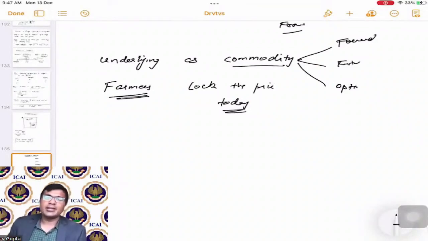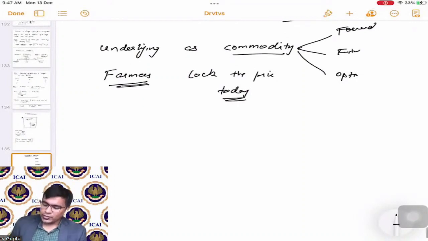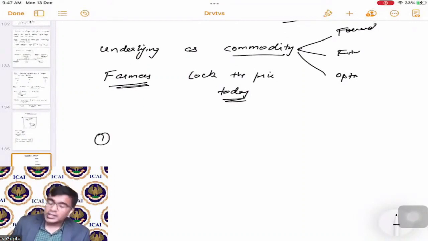Now, there are some preconditions on what types of commodities can be traded in terms of derivatives. Do we have a limit there? Yes, we have some preconditions which need to be fulfilled before a commodity derivative can be designed for a commodity. First of all, the commodity should be durable and it should be possible to store it.